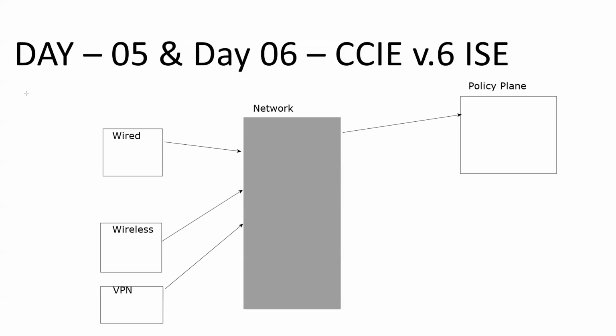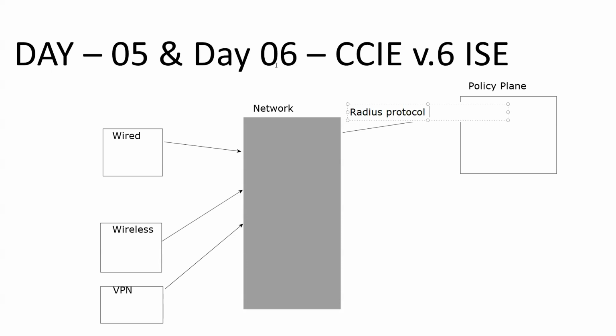What we want to understand, because we are breaking everything into small pieces just for our understanding, and then slowly growing the network, is, for example, between the networking and the policy plane ISE, what will be the protocol and communication channel? RADIUS. They are using the RADIUS protocol.